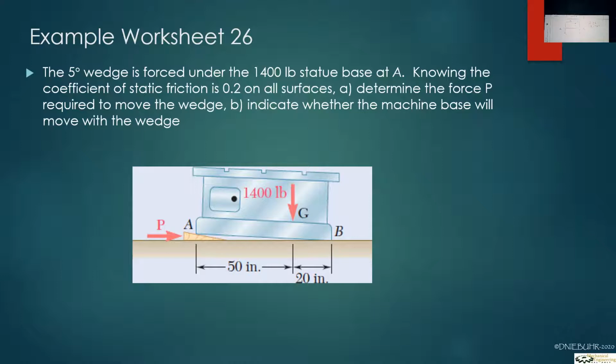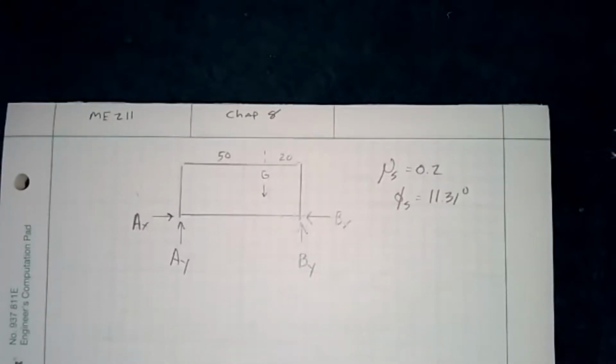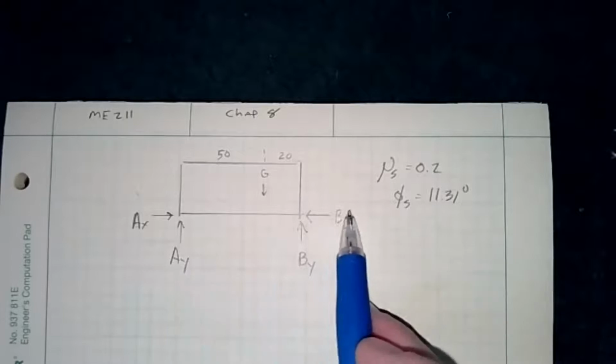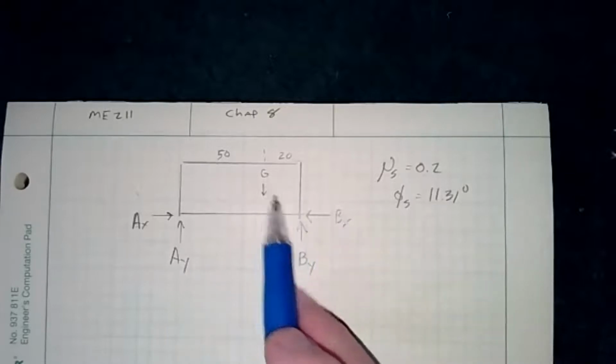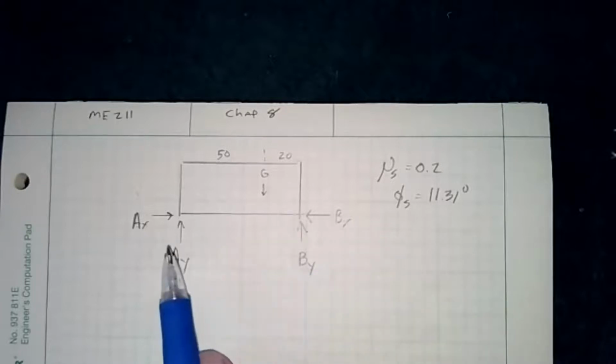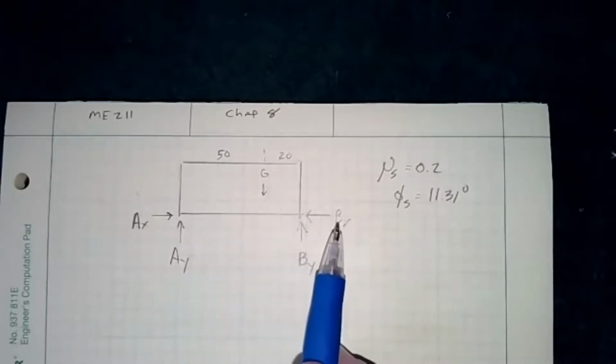So first thing we want to do is figure out what are the reactions at A and B. And so what we can do is we can first look at a free body diagram. So if we draw the reactions, we have AX, AY, BX, BY, we have G. Now I've drawn the reactions, and AX and BX can also be looked at as the friction force.